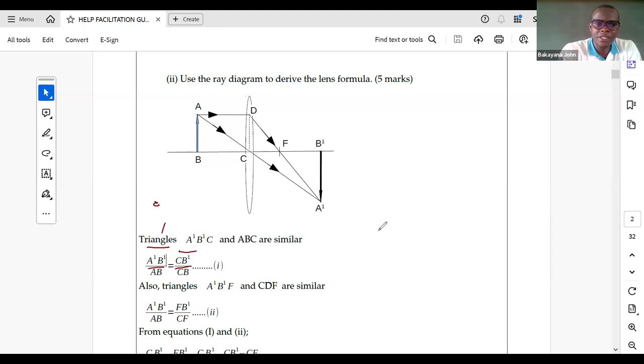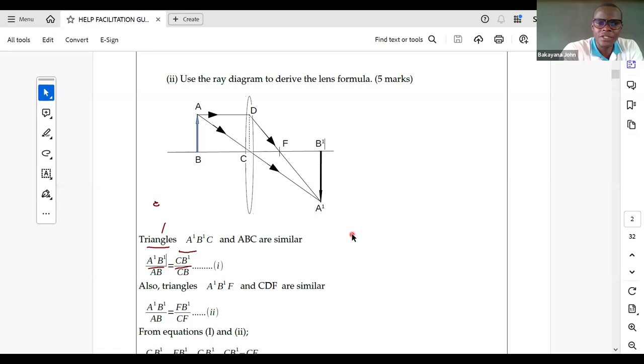A prime B prime divided by AB, our object height, is equal to FB prime, that's another length, divided by CF. Where is CF?